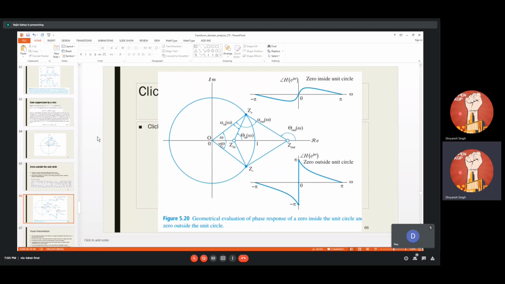If you see this side, the angle is minus omega. If you analyze this particular triangle, you will see that this angle will be minus pi. So this will be the angle. Start to think about this diagram and start to draw. Slowly you will understand what is happening.